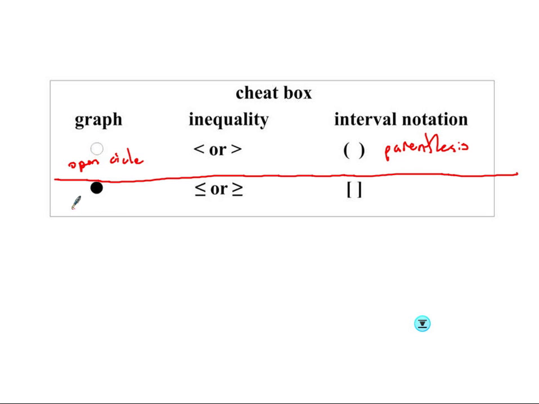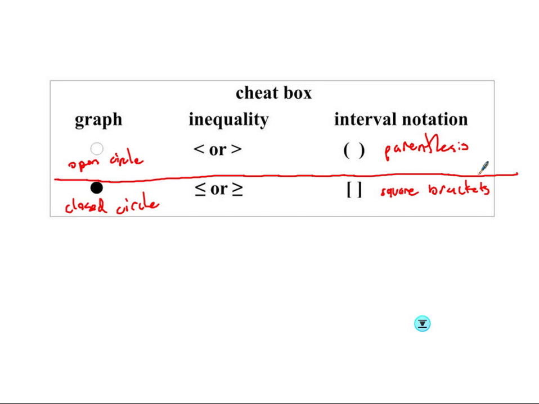Here, this is an open circle. This below must be a closed circle. And for closed circles, you're always using less than or equal to or greater than or equal to. And in interval notation, you'll be using square brackets, or just brackets.